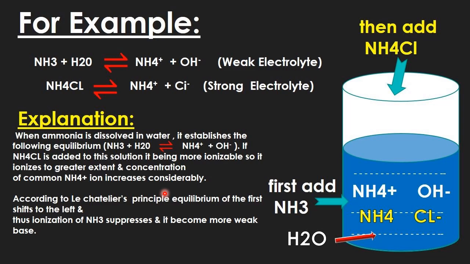Now I am saying the previous two examples and the present example all are going strictly according to Le Chatelier's principle. So according to Le Chatelier's principle, the equilibrium shifts to the left. Thus the ionization of ammonia is suppressed and it becomes a weaker base.